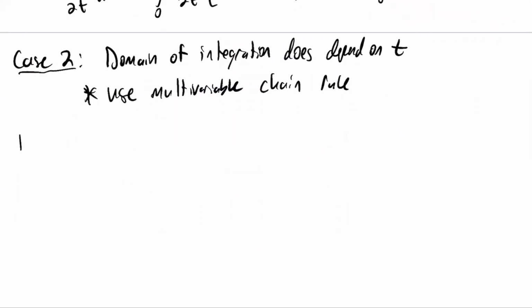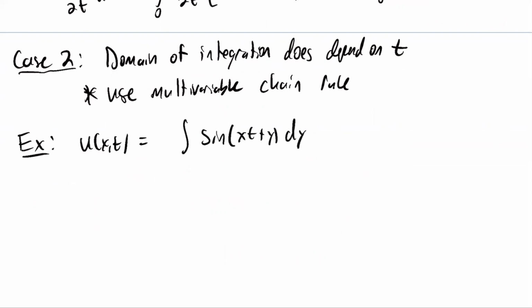So let's suppose u of x, t is given by the integral of the same function from before, the integral of sine of xt plus y dy, integrating with respect to y, but it's some function of x and t. And let's say the domain of integration is from 0 not to 1 now, but to t squared. So now the domain changes as time changes.